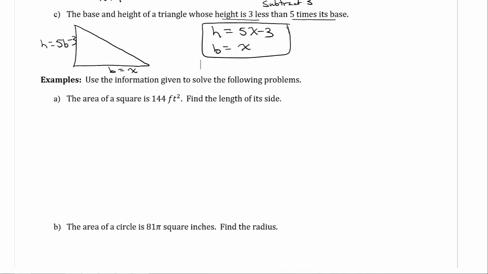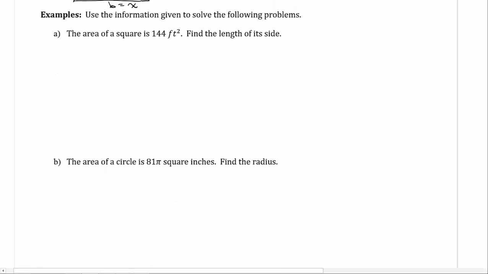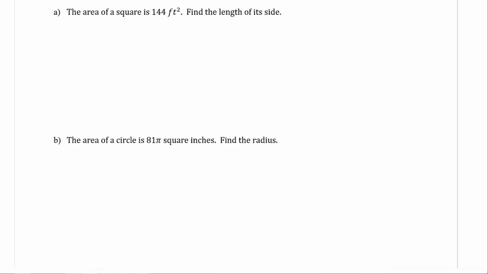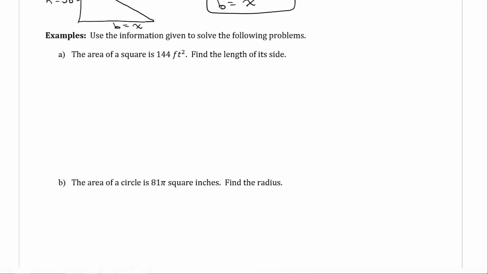So now we have some problems that we actually want to go ahead and solve. Our first one, we have the area of a square is 144 feet squared, and we want to find the length of its sides. The area of a square is equal to s squared, and we know the area is 144. So we have 144 is equal to s squared. In order to unsquare something, we want to take the square root.